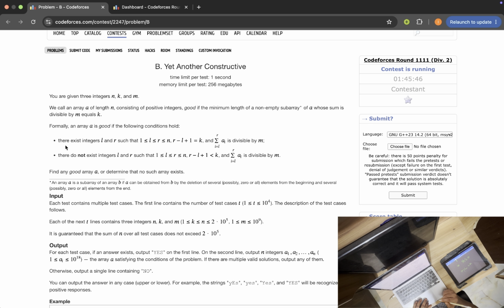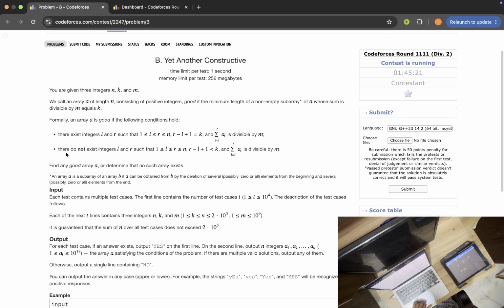Formally, an array is good if the following condition holds: there exists an L, R such that R minus L plus 1 equals k, and the sum of length k is divisible by m, and there does not exist L, R with length less than k and divisible by m.